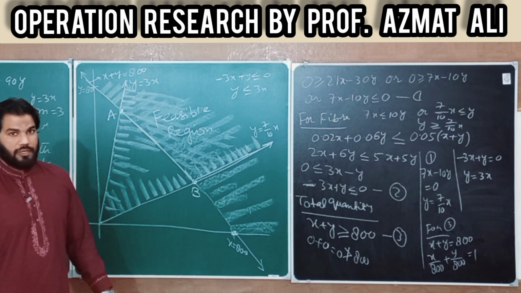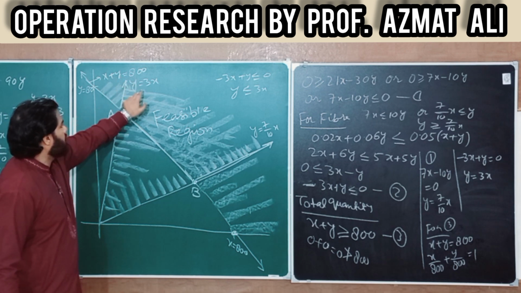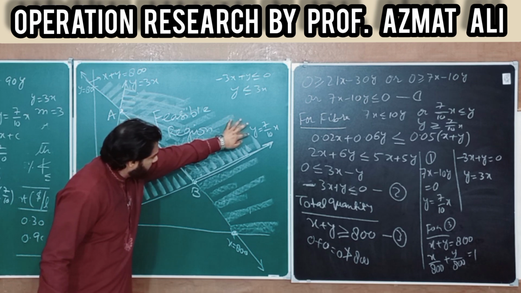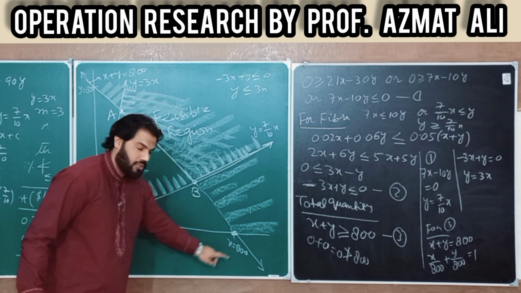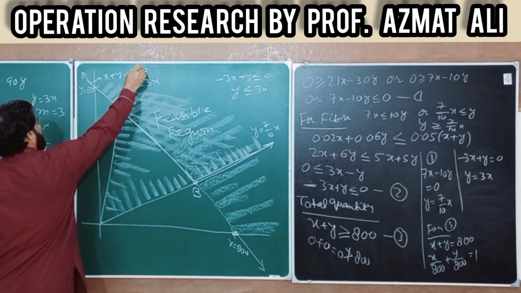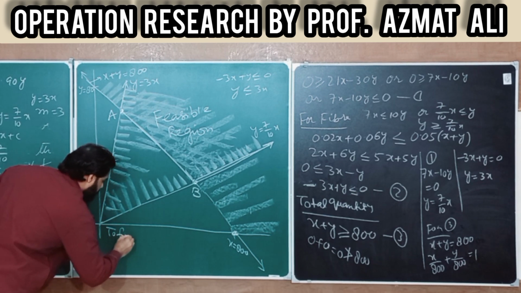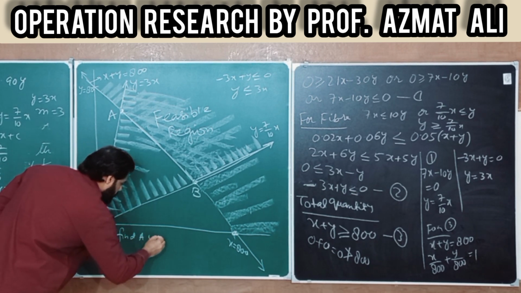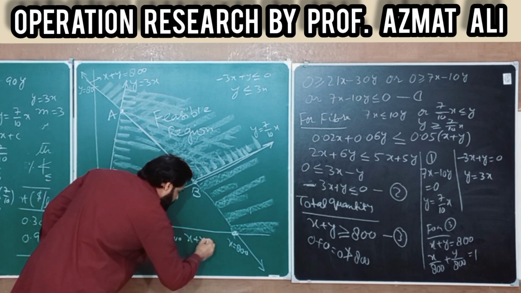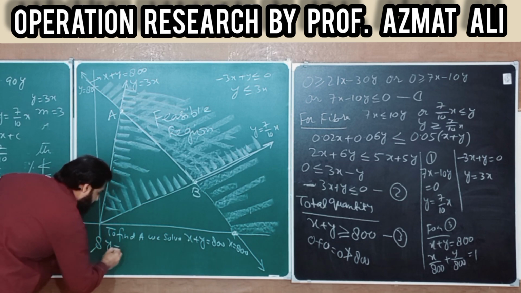Now how will we find A and B? A is the point of intersection of x plus y equal to 800 and y equal to 3x, and B is the point of intersection of y equal to 7 by 10x and x plus y equal to 800. To find A, we solve x plus y equal to 800 and y equal to 3x.